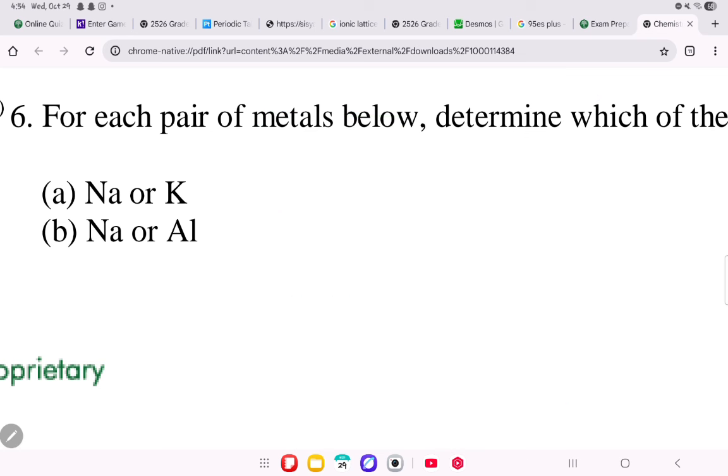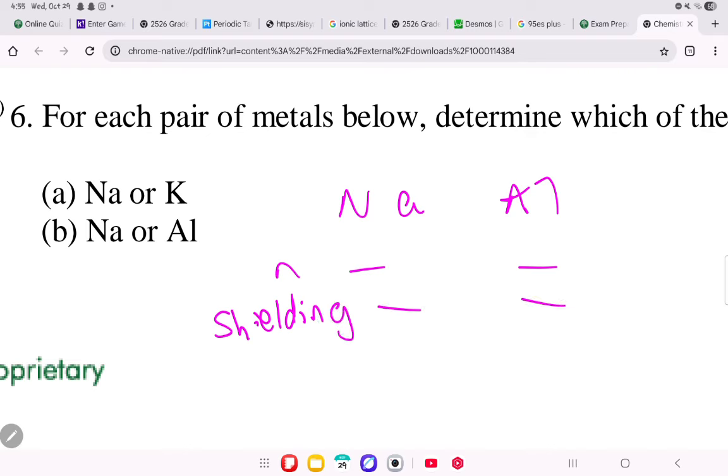Now, if we compared Na and Al, they are in the same period, right? So between Na and Al, how would we compare it? First of all, being in the same period, they have the same energy level and the same shielding effect. However, in regards to the nuclear charge, Na has a smaller nuclear charge than Al.